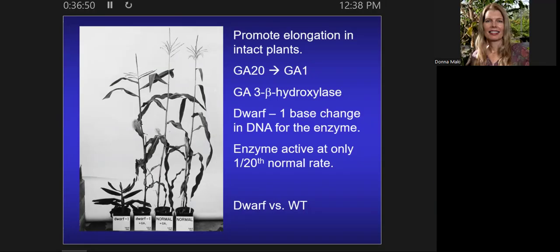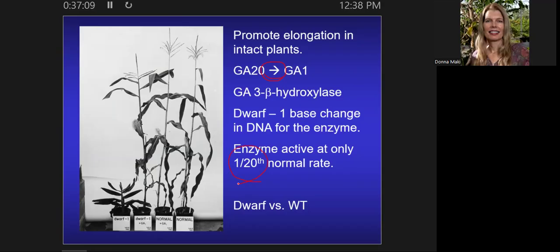And so the hydroxylase enzyme in the dwarf just has a minor mutant change. And that causes them to stay dwarf. They just don't have a very active enzyme under that condition with that one little base change.